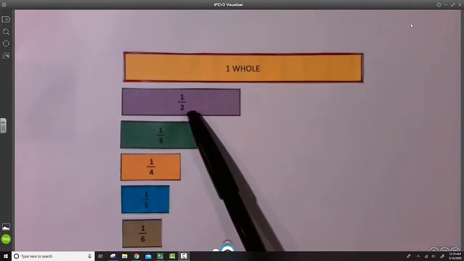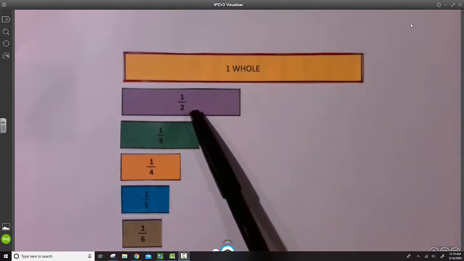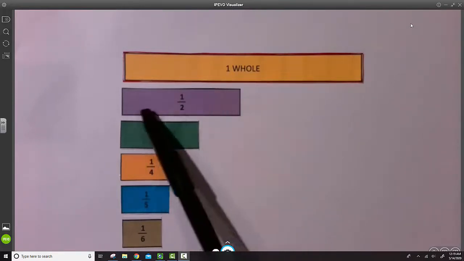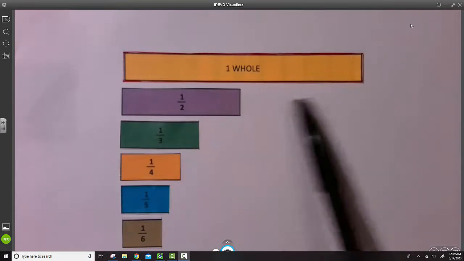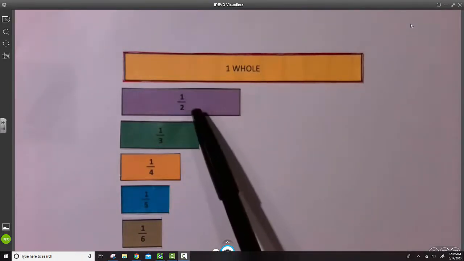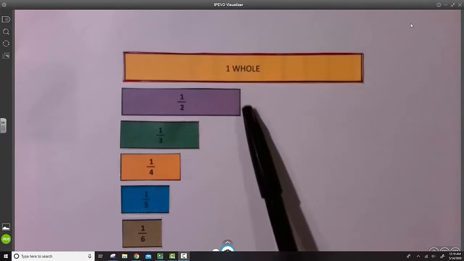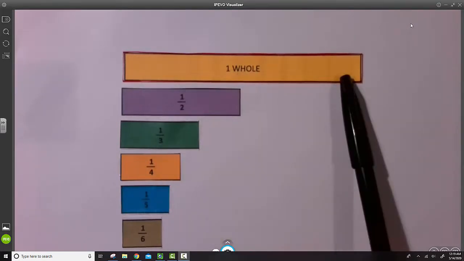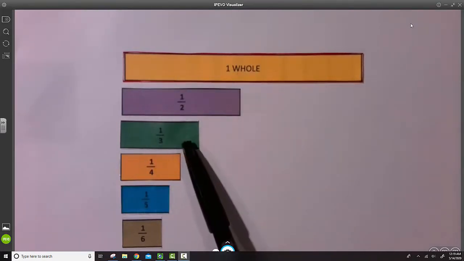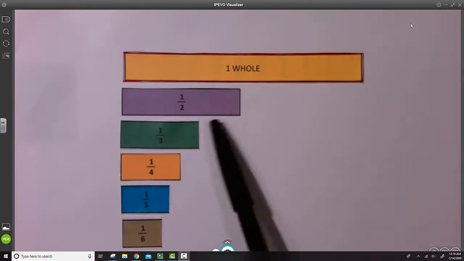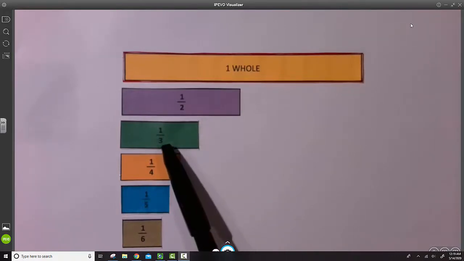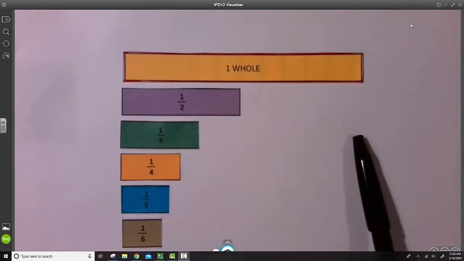You can see that the denominator is 2. This unit fraction says there would be 2 parts that make a whole, and 1/2 is exactly half of a whole. Our next fraction is 1/3, and you can see that 1/3 is less than half, and because there's a 3 in the denominator position, we would have 3 equal parts to make the whole.